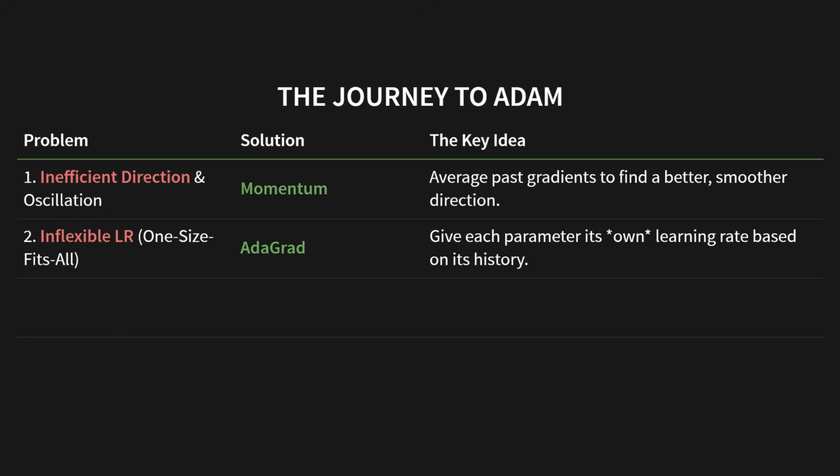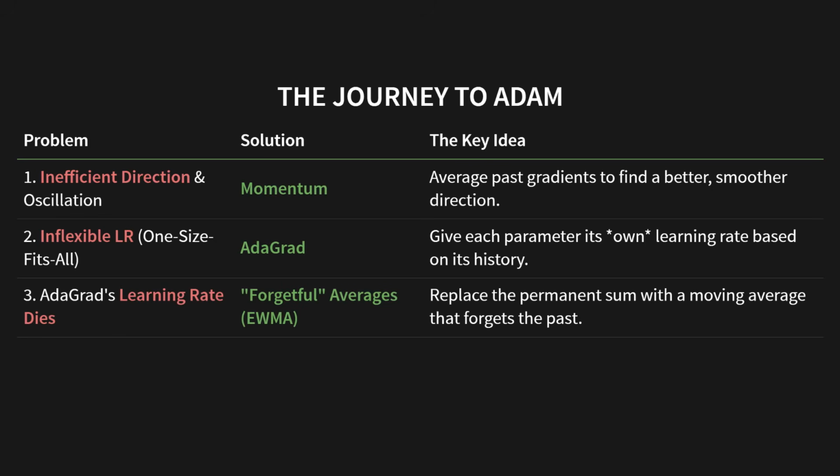The brilliant idea was to give each parameter its own learning rate based on its history. But then, problem number 3. Adagrad's learning rate dies. So what was the solution? Forgetful averages, the exponentially weighted moving average. We replaced the permanent sum with a moving average that forgets the distant past.